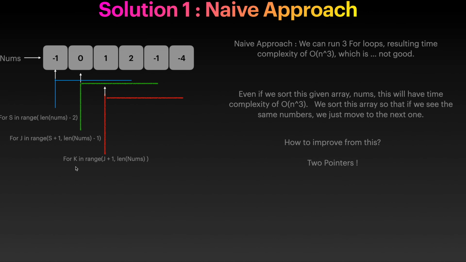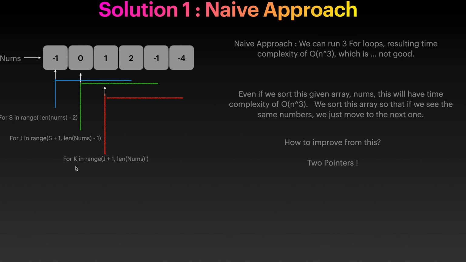As you can see, we run this for loop three times, so we get a time complexity of n cubed. This is really not good. So how should we improve from this? Notice that here we are not asked to provide the index location.